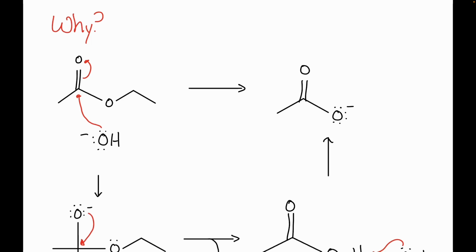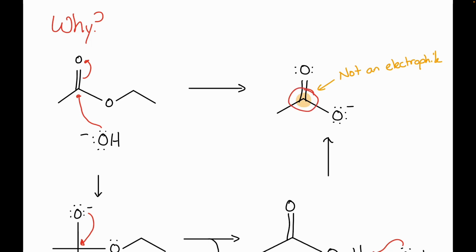All right, and importantly, why can't this reaction go in the reverse direction? Because my carboxylate ion, that carbonyl carbon, is no longer an electrophile. That negatively charged oxygen has a bunch of electron density that it's going to spread through resonance to that other oxygen.